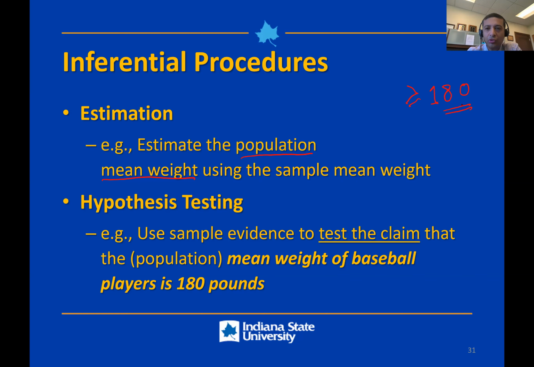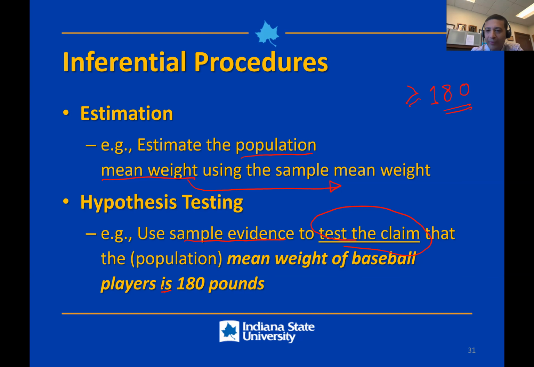You can only choose a well-educated estimated sample. And based off of that sample, you are trying to make inference about the underlying population. And so you're trying to estimate the population mean weight using the sample mean weight. And you're using sample evidence to test the claim that the population mean weight of baseball players is 180 pounds.